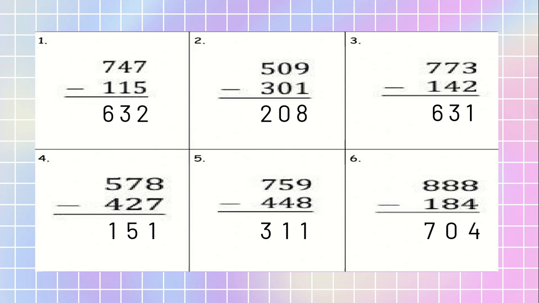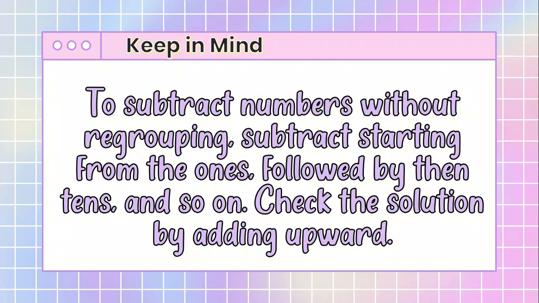Is it the expanded form or the step by step? It really depends on you how to get the difference, which is the answer for the subtraction. Keep this in your mind: you subtract numbers without regrouping, starting from the ones, followed by the tens, and so on.